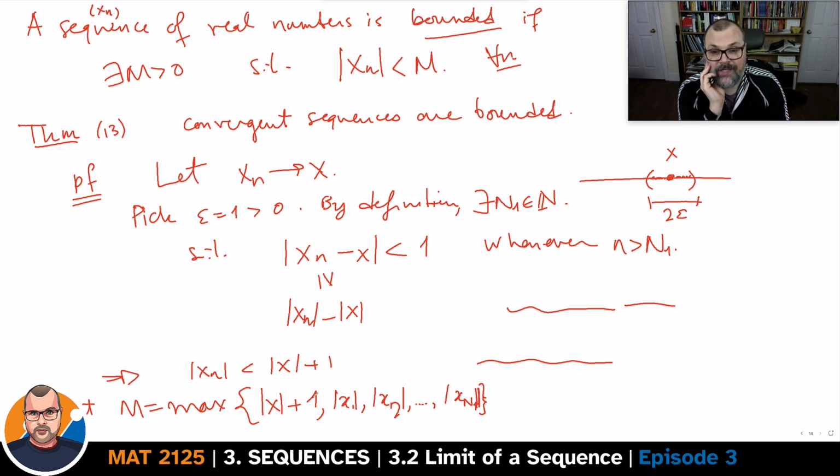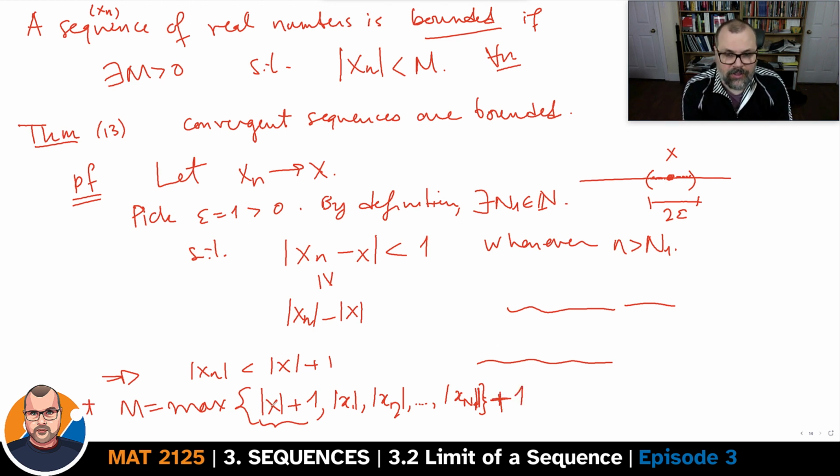So what we have is that from n1 onwards, so n1 plus 1, n1 plus 2, n1 plus 3, and so forth, each of the terms here is smaller than the absolute value of x plus 1, and then all of these other terms, well, they might be larger than the absolute value of x plus 1, but if we set that to be the maximum, let's just add 1 here to be on the safe side so that we can have strict inequality.